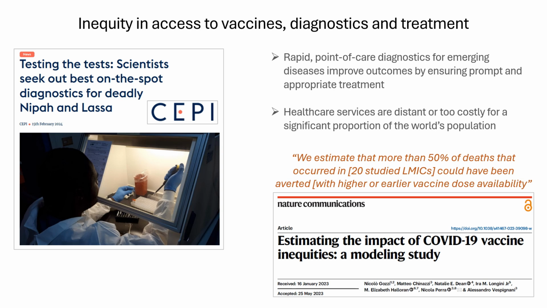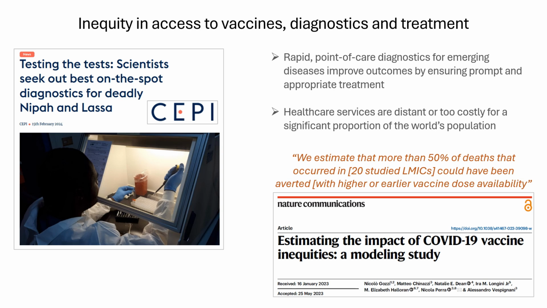So for something like Lassa fever, the earlier you treat it, the more likely you are to prevent mortality or severe sequelae. And so, it's really important to ensure that the communities that are most at risk have that vulnerability reduced as much as possible by ensuring that they have access to rapid diagnostics.